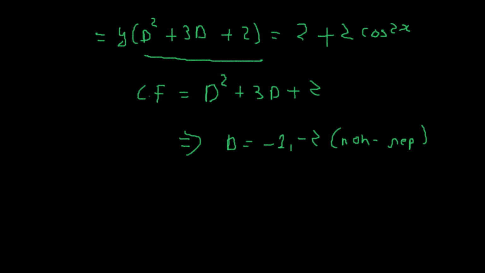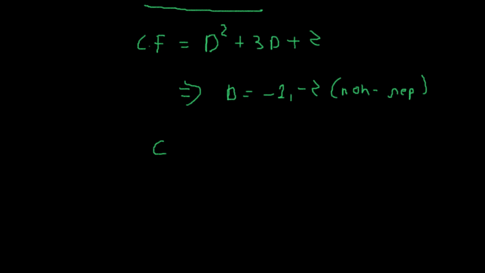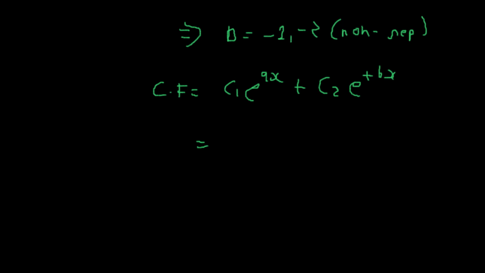So from that list of formulas we got CF. I hope you have the snapshot of it. If the roots are non-repetitive, y equals C1 e to the power ax plus C2 e to the power bx. Let's write the values here.